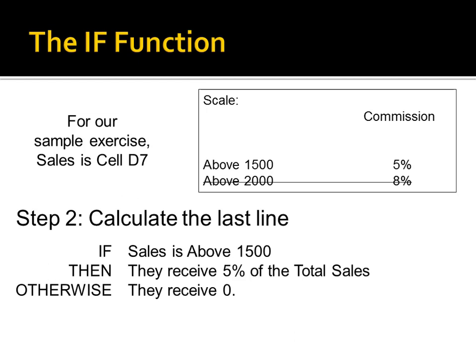Otherwise, they receive 0. What does that mean? That means this is our answer at the very bottom. Equals if paren D7 greater than or equal to 1,500. Is D7 greater than or equal to 1,500? If yes, then D7 times 5%. Otherwise, they get 0. But you're saying, but wait a minute, Bob.